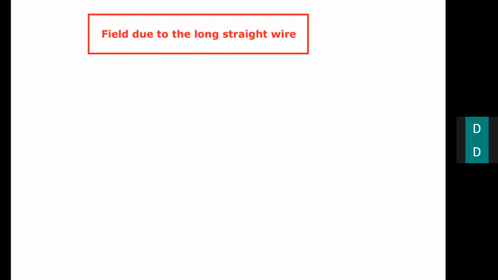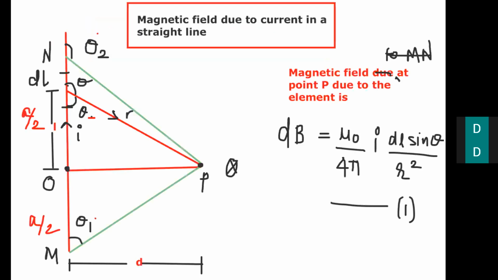So here, for the long straight wire, we can see that theta 1 is going to be 0, and theta 2 is going to be pi.